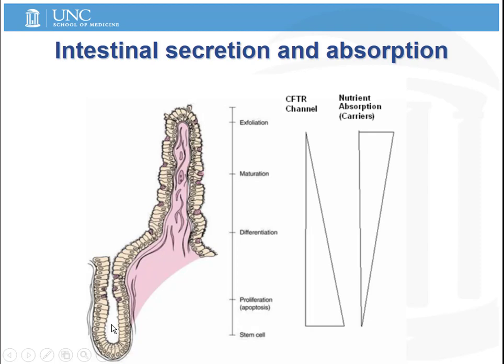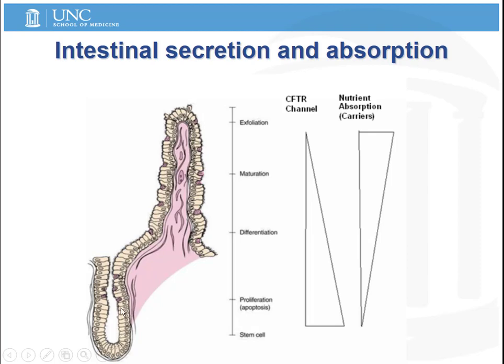Sodium and water follow paracellularly, and the result is secretion into the lumen. But as cells move up the crypt and onto the villus, they're transformed into net absorptive cells, and they have many transport proteins that allow absorption of nutrients from the lumen into the blood, some by secondary active transport coupled to sodium, some by facilitated diffusion.